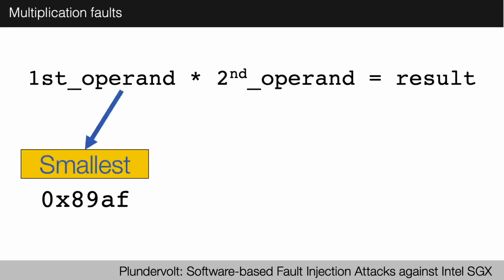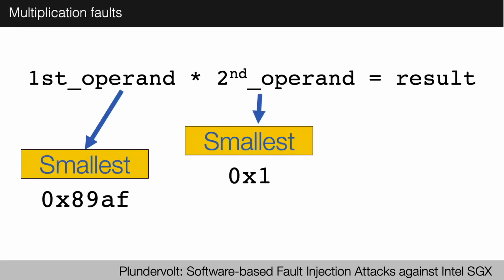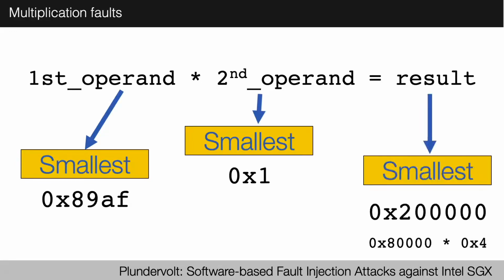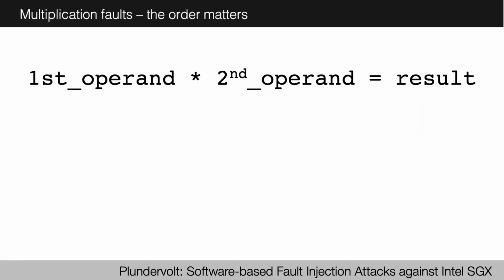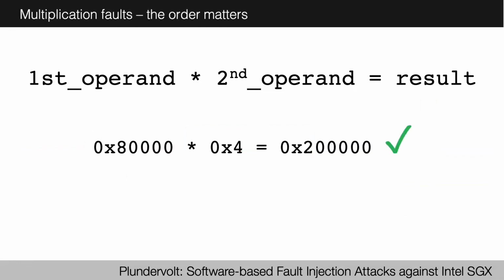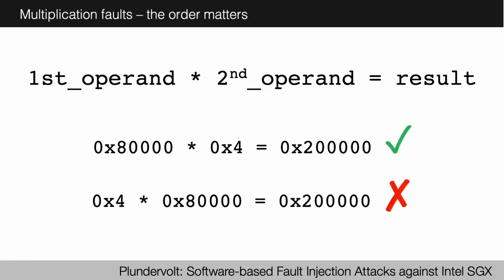The smallest first operand that we could fault was 89AF. The smallest second operand was 1. And the smallest cumulative result was hex 200000. We also found that the order mattered. We could fault this multiplication, but we couldn't fault that multiplication.